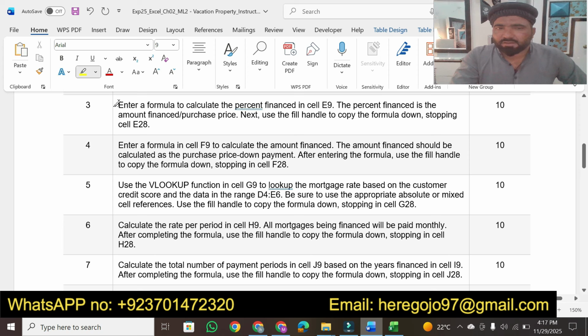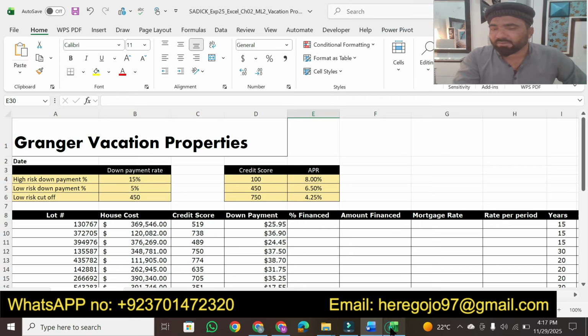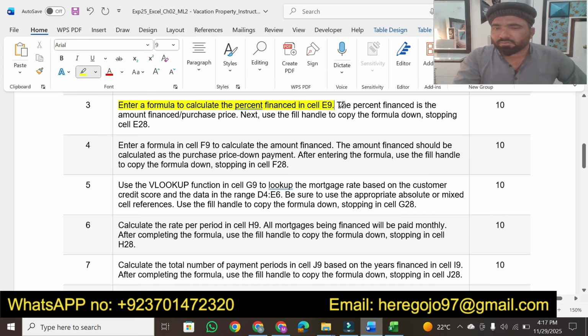Enter formula to calculate percent finance in cell E9. Where is E9? Here is E9. Here we have to use a formula. What formula? The percent finance is amount finance divided by purchase price.